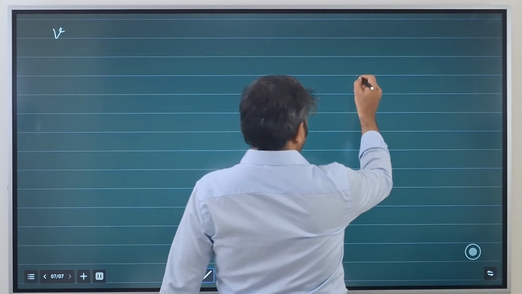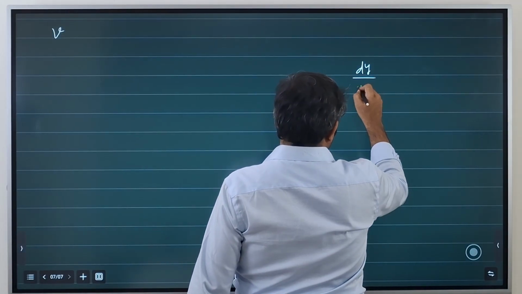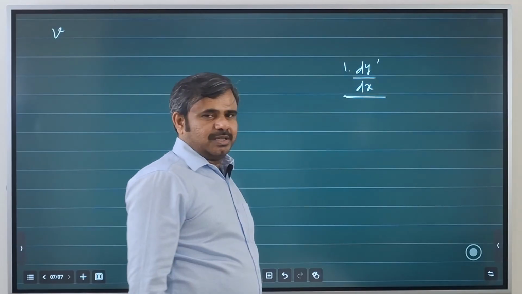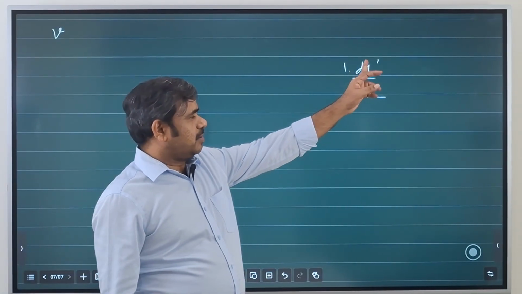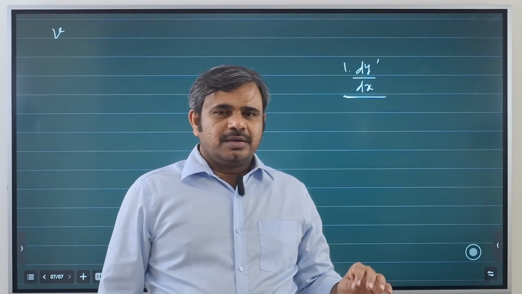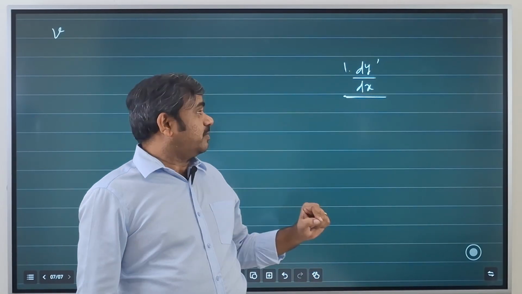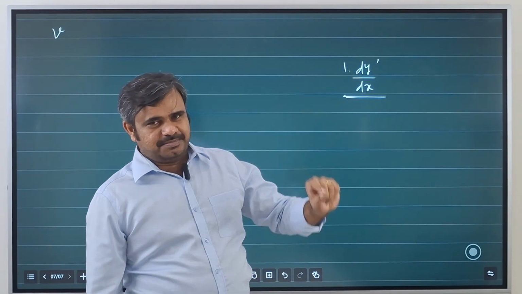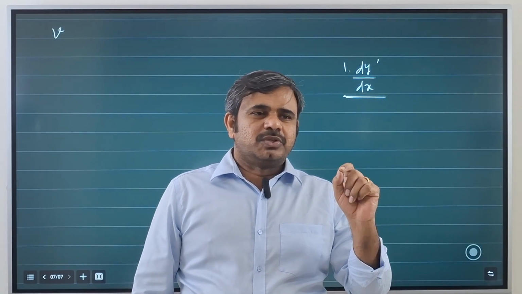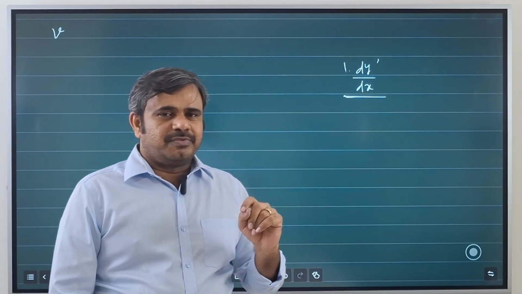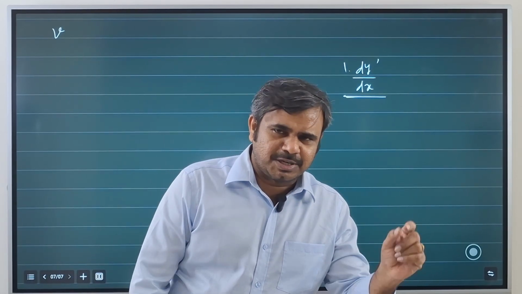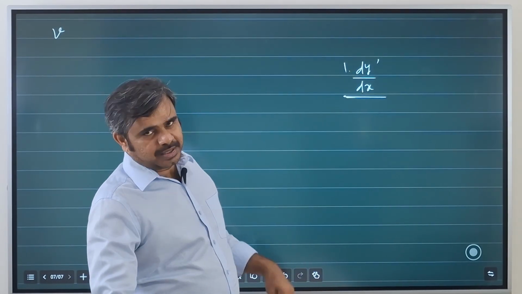Go back to the definition of dy by dx that we discussed. What is dy by dx? Rate of change in y with respect to x. Or it is change in y per unit change in x at a given value of x. So at a given value of x, we construct a very small interval around it.